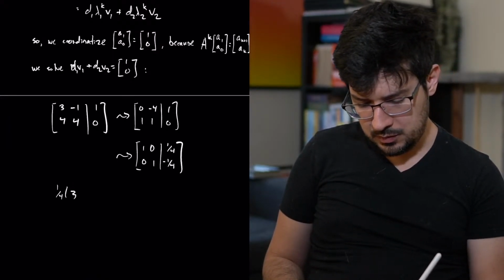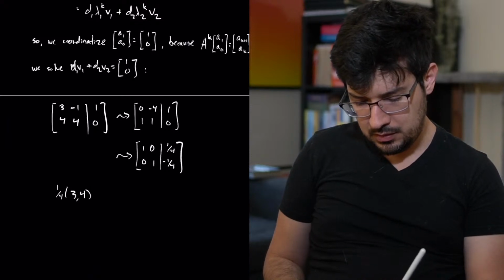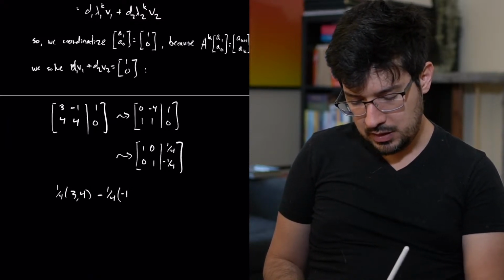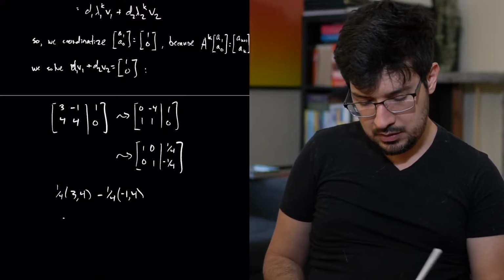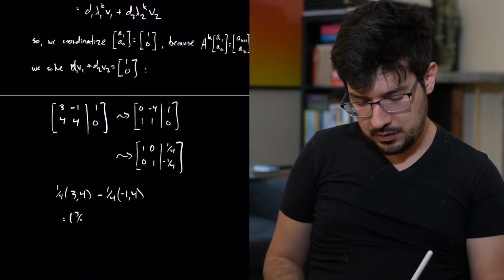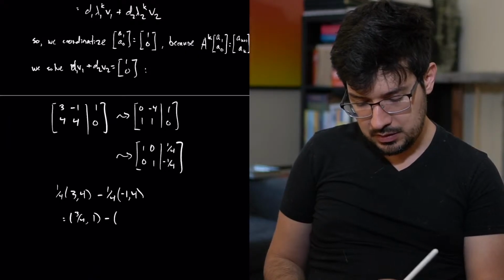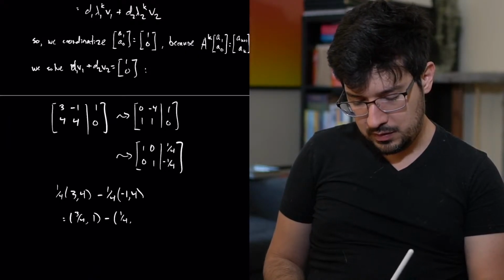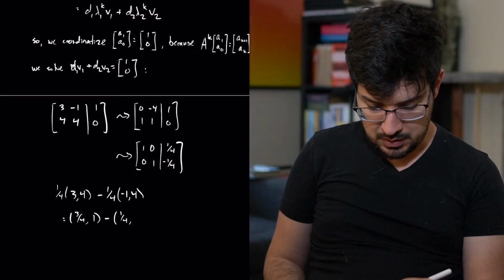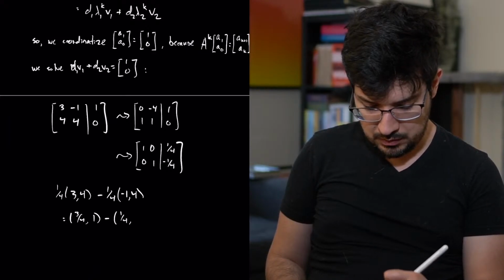1/4 times 3, 4 minus 1/4 times negative 1, 4 is equal to 3/4 minus 1/4, 1. Oh, wait.